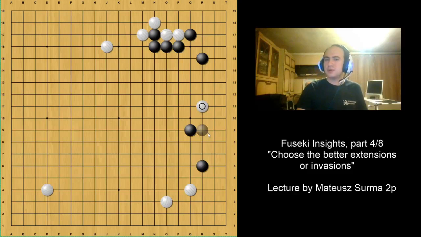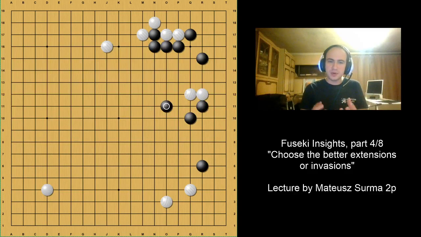So for example, white might try with this move. White is not that close to this wall as it would be in case black played like this, and now white played here. Now white has this stone closer to black's wall, so it's more difficult for white to fight like this. For example, in case black plays here and later like this, suddenly it might be hard for white to find any nice continuation to really survive with these stones.